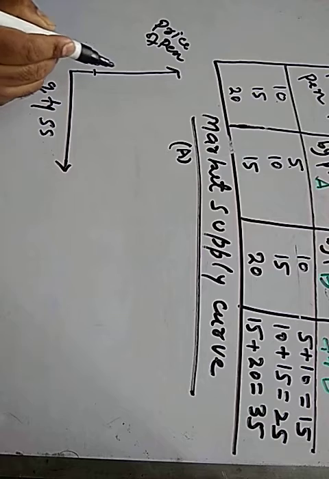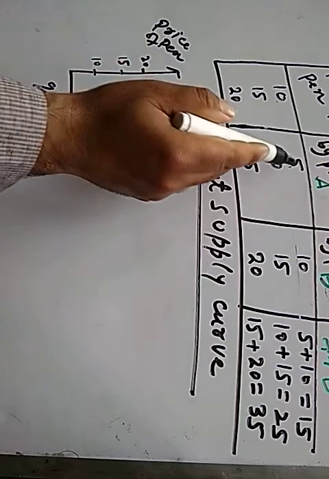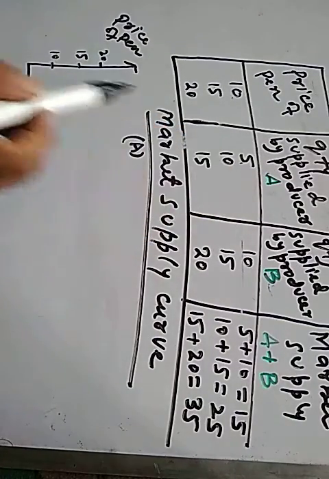10, 15 and 20. Quantity supplied by producer A is 5, 10 and 15.